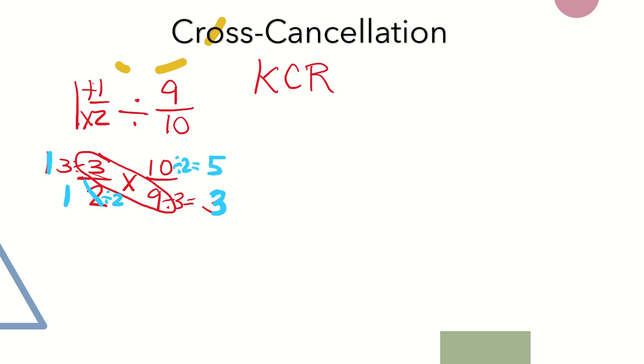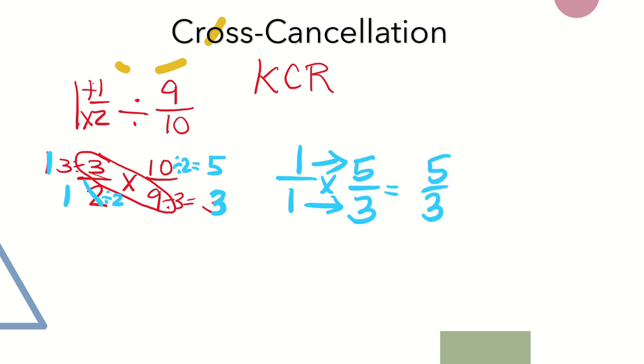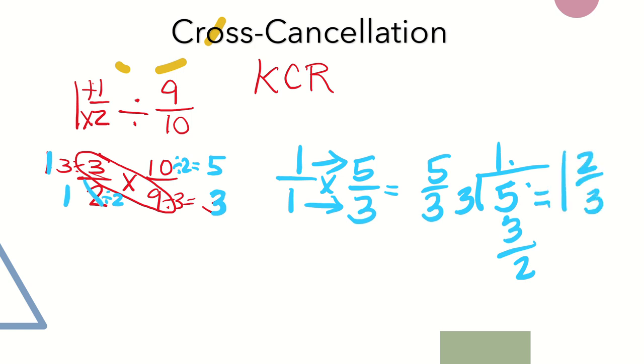Now, let's rewrite my fractions. So now I have 1 over 1 times 5 over 3. And again, I just multiply straight across. I get 5 over 3. 3 goes into 5 once, so I get 1 and 2 over 3. Let's try one more division problem, and let me know if you like this.